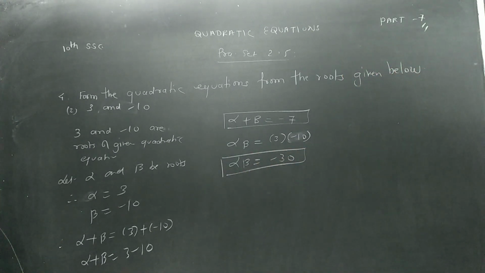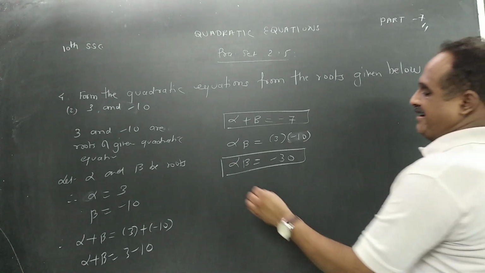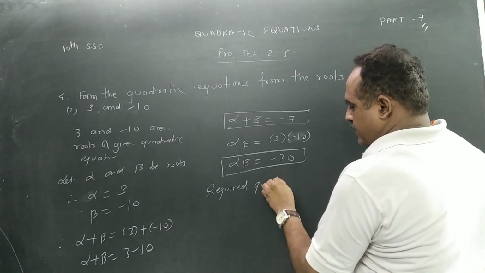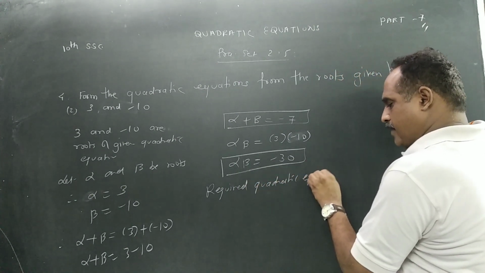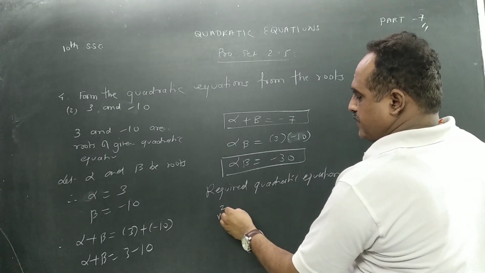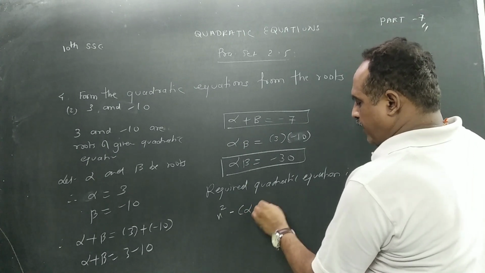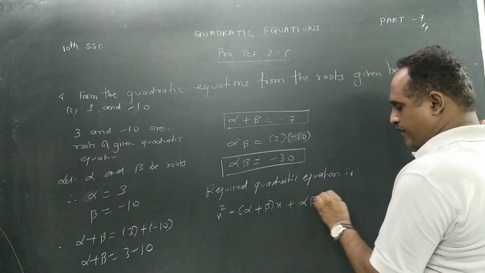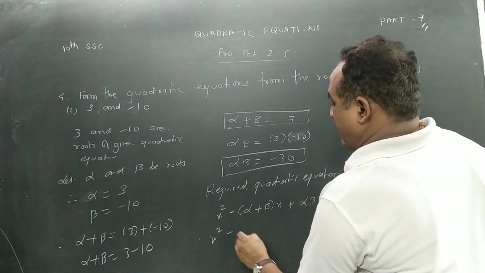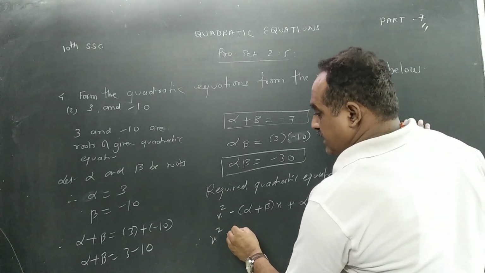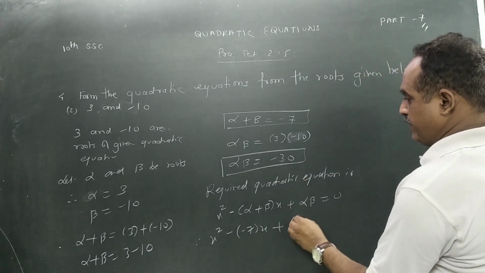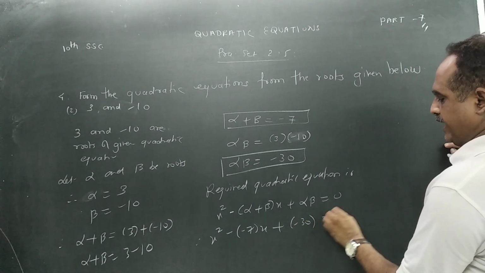Correct? Have you understood now? So a required quadratic equation is x square minus (alpha plus beta) x plus alpha beta is equal to 0. Therefore, x square minus (alpha plus beta), which is minus 7, x plus alpha into beta, which is minus 30, is equal to 0.